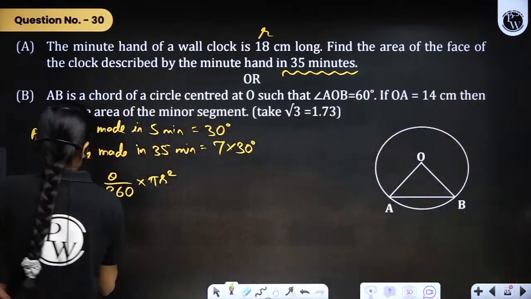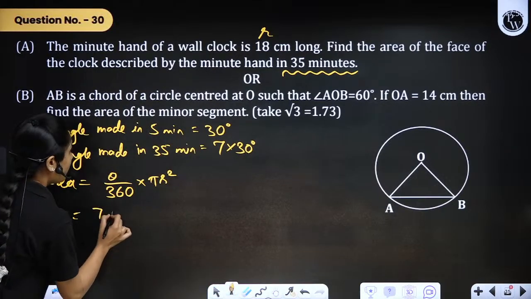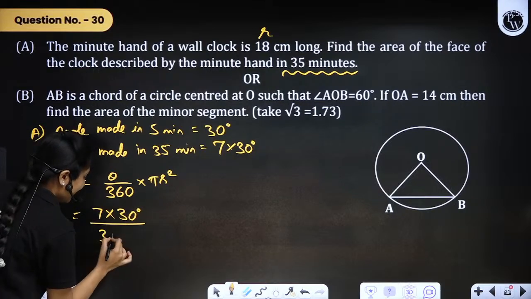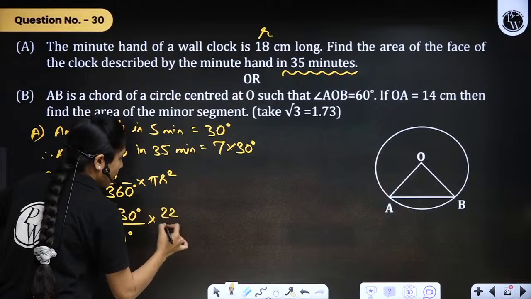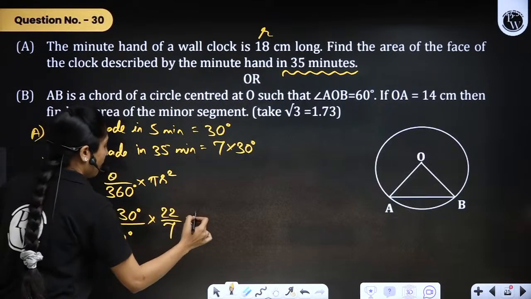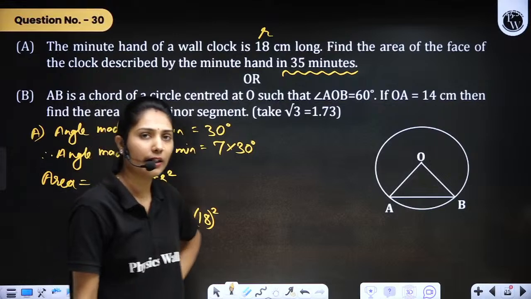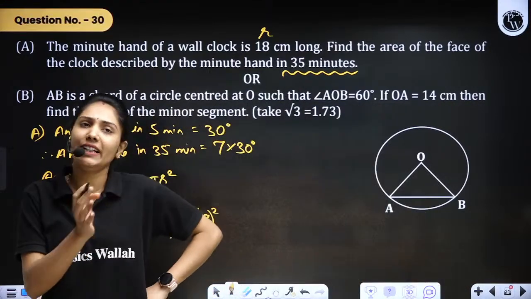So according to that, the value of theta is 7 into 30 degree upon 360 degree into the value of pi, which is 22 by 7, into the value of radius, 18 square. Instead of 18 square, I can also write 18 into 18.